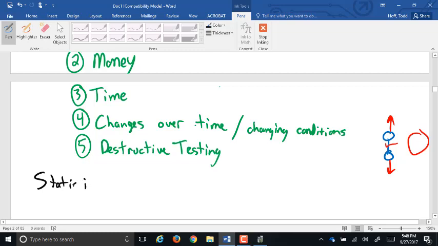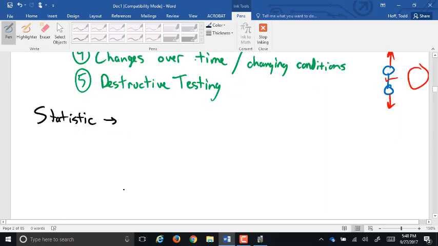Here's a statistic then. A statistic is a piece of information describing a sample.